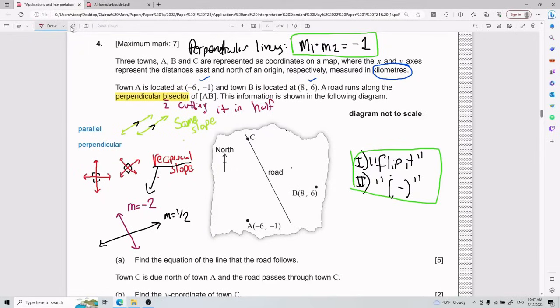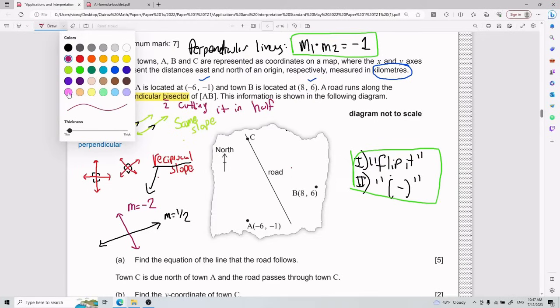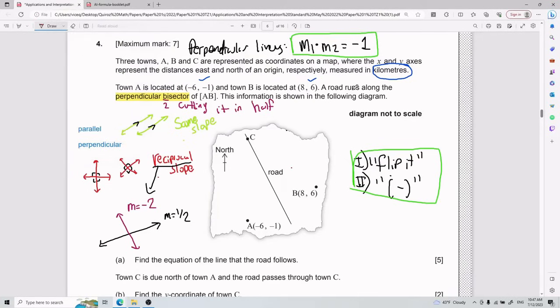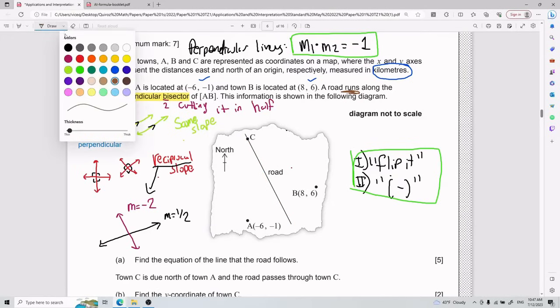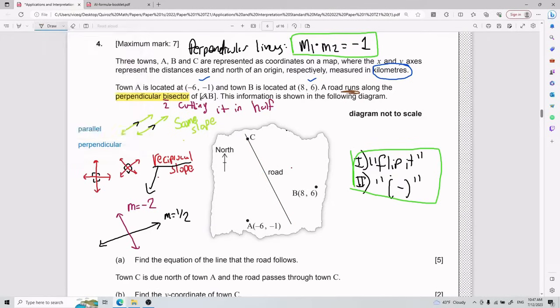So this road, okay, is this guy here. And what that road is doing is that it is the perpendicular bisector of AB. AB, I'm going to put in pink. Okay, so AB goes like that.